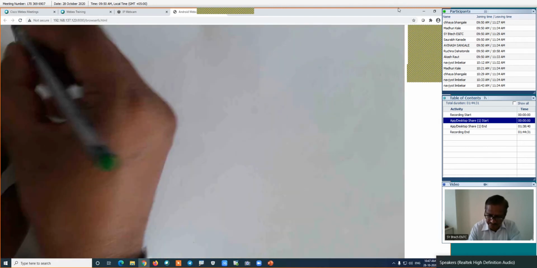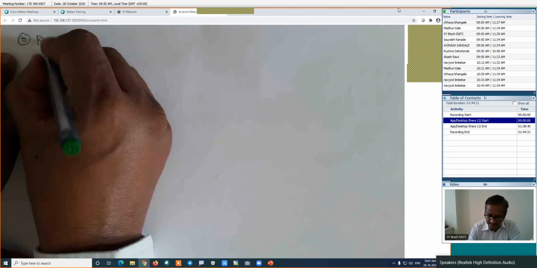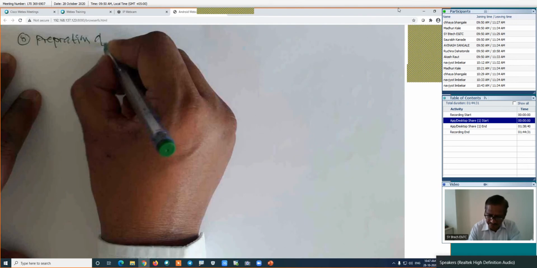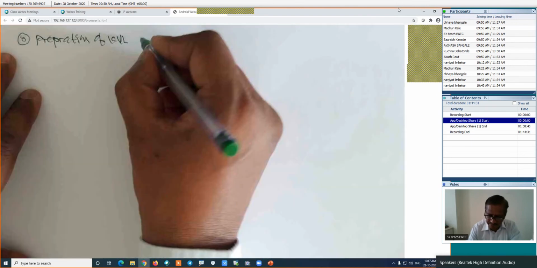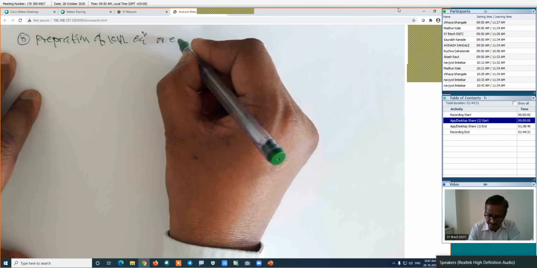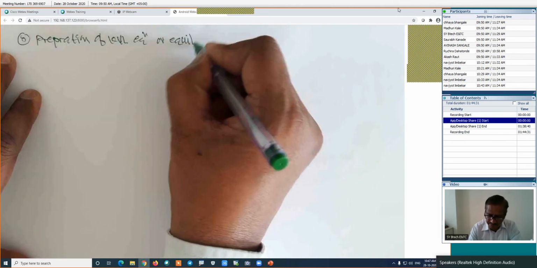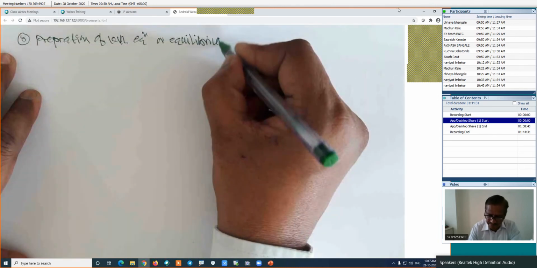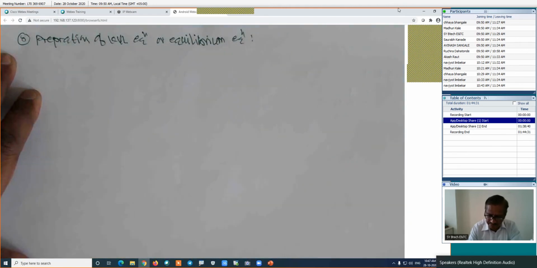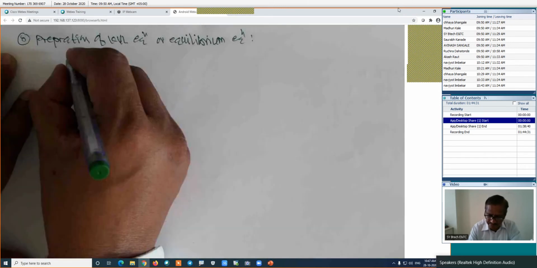Preparation of the KVL equation or equilibrium equation. How is that equation? Now look at it. That equation is ZT into IT.